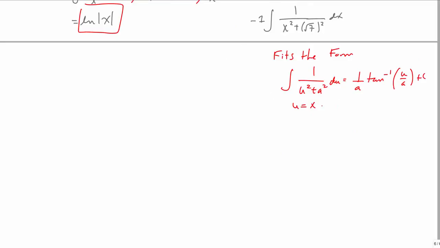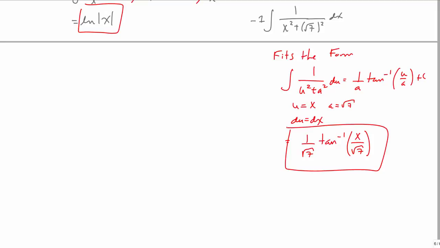So u is equal to x, a is equal to square root of 7, du is dx, so I have all of those pieces here. So this integrates into 1 over the square root of 7 inverse tangent of u, which is x over square root of 7. So these are my two pieces. Now I forgot that we have a negative 1 right here, so I want to make sure that it gets included down here.